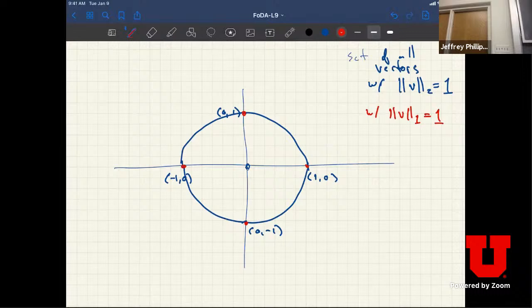It's 1 plus 0. All of these are 1 plus 0. So those 4 points are the same. Who can come up with another point that will have a 1 norm equal to 1? Any other point? Yeah. 1/2, 1/2. Let's put tick marks here. This point right here is 1/2, 1/2.